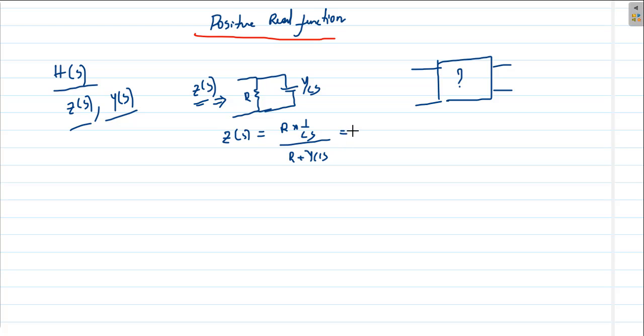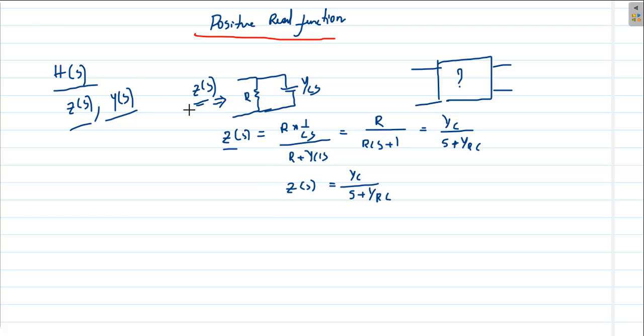You know this. By calculating this, making Cs common, you get R by RCs plus 1. If you take RC common, you get 1 by C divided by s plus 1 by RC. So you obtained Z of s equal to 1 by C divided by s plus 1 by RC.